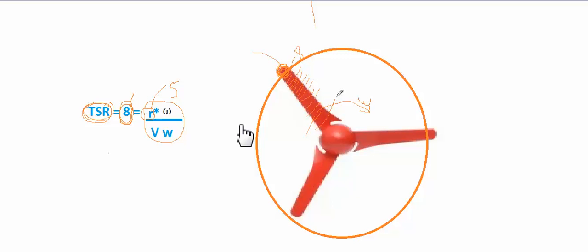Naturally, just think, tip speed ratio is nothing but radius times omega divided by the velocity of wind. Consider the first element and consider the last element. The only difference is the radius, the distance from the axis of rotation.